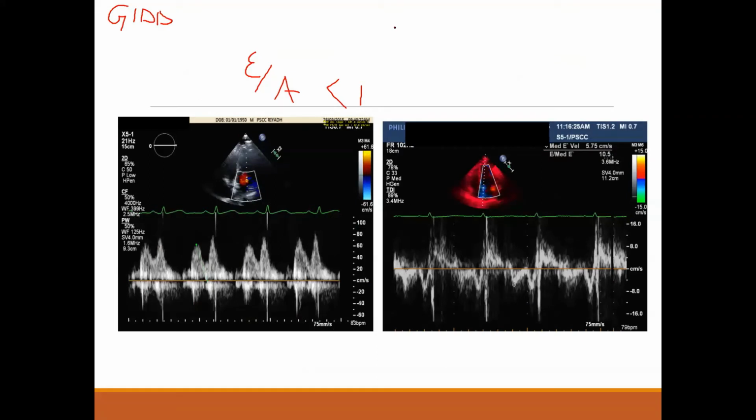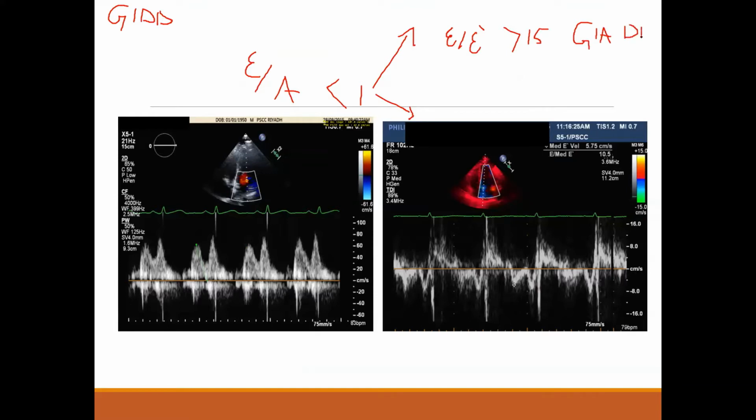Previously we used to say grade 1 diastolic dysfunction when E over A is less than 1, and we divided it into 2. If E over E prime is more than 15, we call it grade 1A diastolic dysfunction.